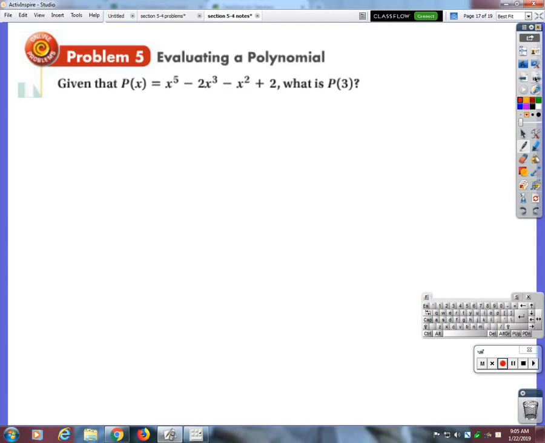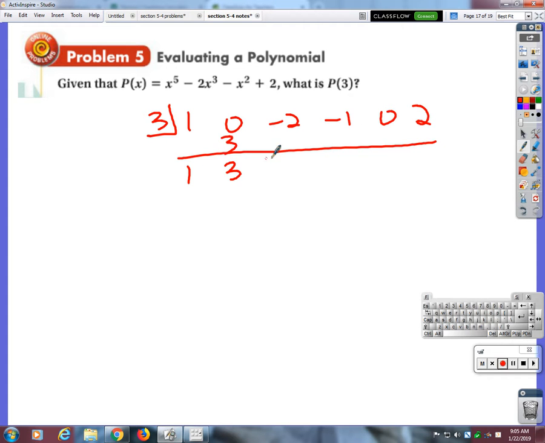But what the remainder theorem tells you is that if I just do this instead, then I can figure out that answer without using a calculator very quickly by using synthetic division, because whatever that remainder is, that's what you would get if you just plugged in 3 to the original polynomial, okay?